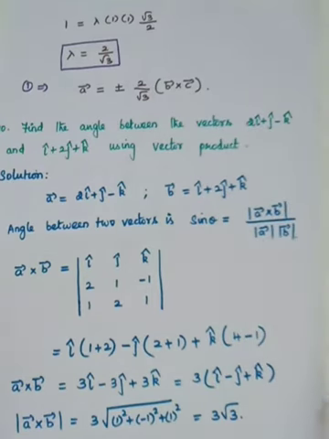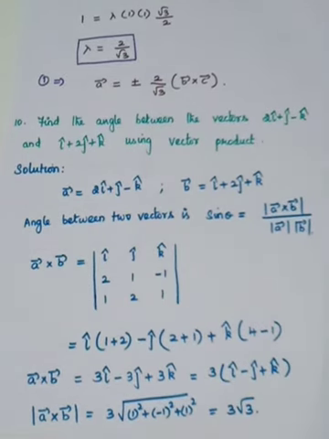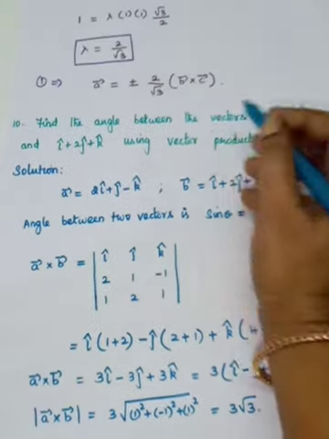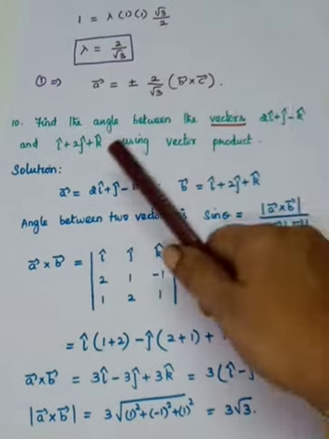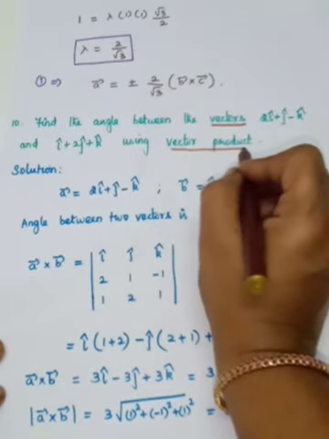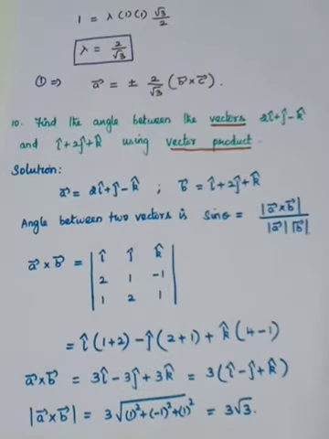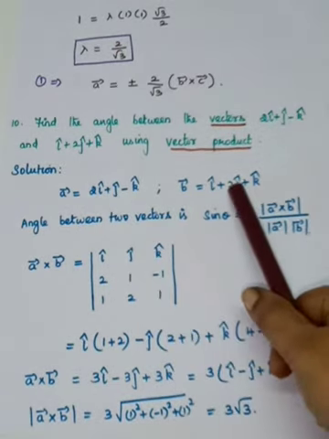And coming to the 10th problem, find the angle between the vectors. Angle between the vectors, first vector and the second vector given, using vector product. So they have mentioned using vector product. First vector is taken as A vector and the second vector is taken as B vector.